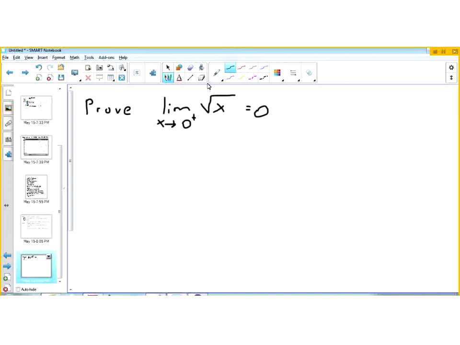Obviously we can't approach 0 from the left because the square root function is not defined for negative values of x. So we use the right-hand limit, and since this is a right limit, we'll use the definition of the right-hand limit. In this case, our a is equal to 0.